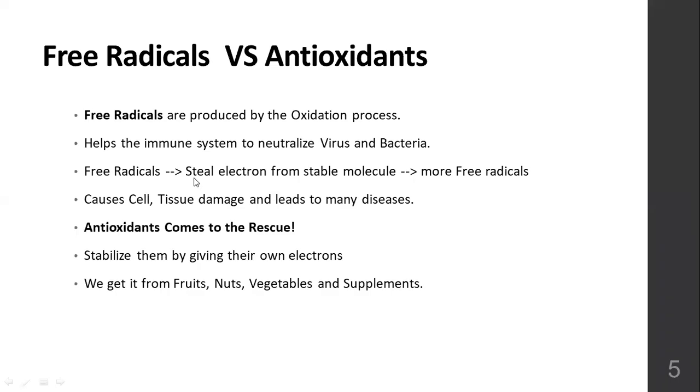Free radicals just have one job. They want to steal electrons from stable molecules. Just imagine one free radical that has two or three unpaired electrons. It finds only one electron from a cell. It is still unstable, and now the cell has also become unstable. It finds another electron from another cell, and a second cell gets unstable.